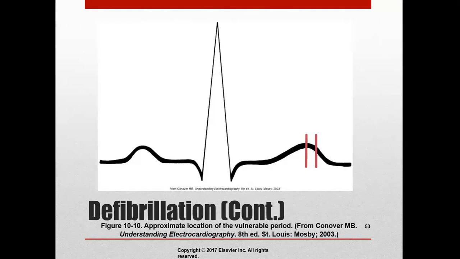The patient is probably going to code, probably going to go into a lethal rhythm, and we're going to be coding them within a couple seconds. So remember, during cardioversion, we need to prevent shock on the T wave. We want to shock synchronized to the QRS. With defib, it's asynchronous.